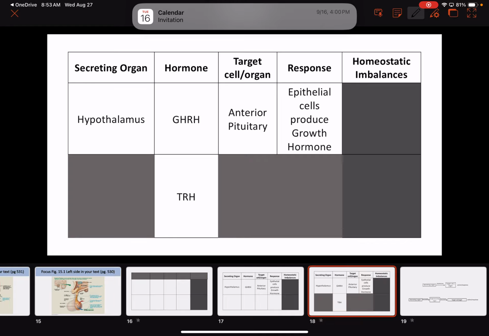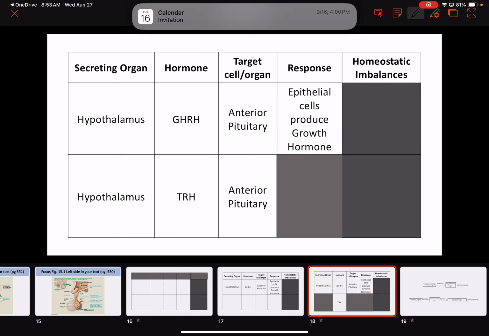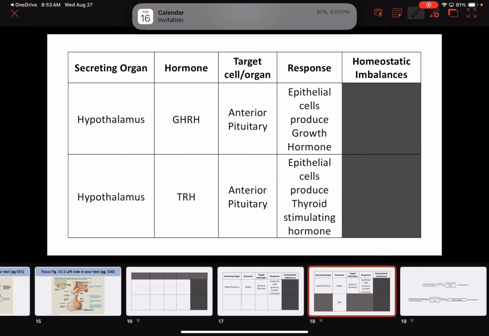Very similar with TRH. TRH is released by the hypothalamus. It's going to target the anterior pituitary and get the anterior pituitary to then release thyroid stimulating hormone.